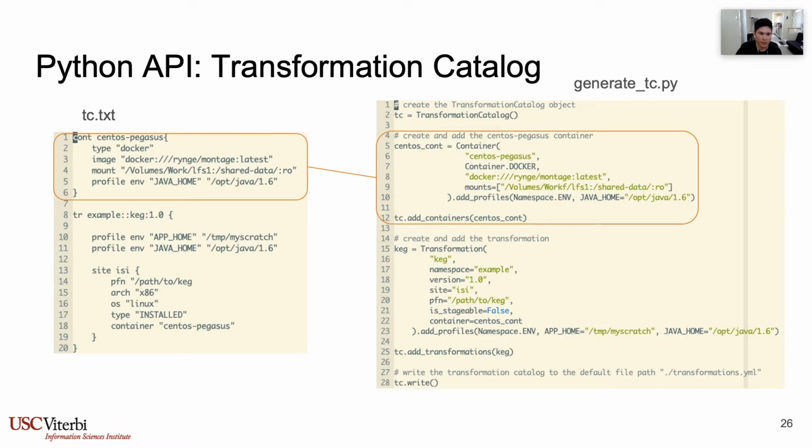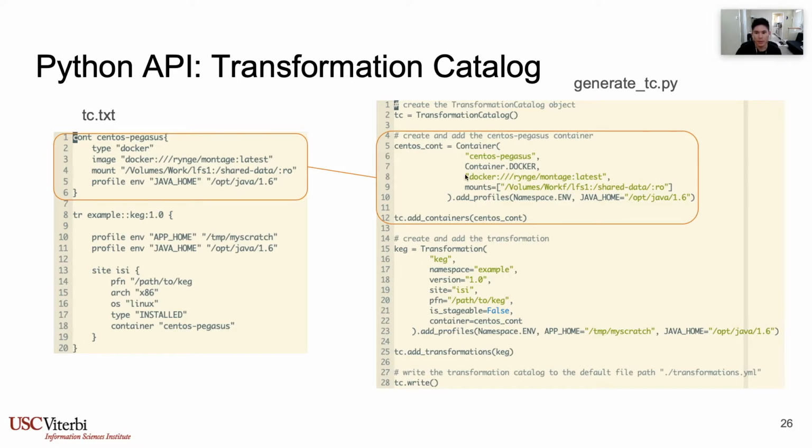So starting with containers, we have this CentOS Pegasus container, so that's the name. It's a Docker container. This is where the image is located. We're going to mount to this directory, and then we're going to set an environment variable in it. So we've set Java home. And so when you do this in the new Python API, you simply create a container object, and we give the container name, CentOS Pegasus.